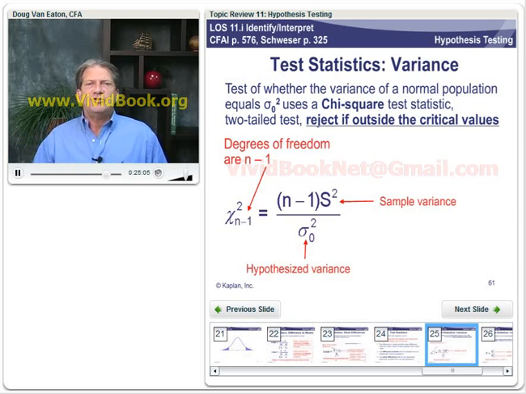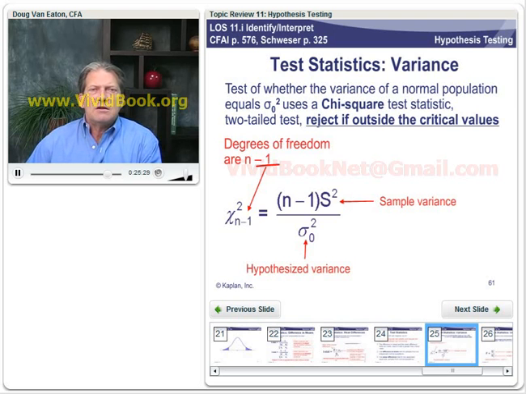This is a two-tailed test because we're testing whether the variance equals, for example, 7. So we're going to reject if the variance is statistically significantly less than 7 or significantly greater than 7. This is a chi-squared test statistic with n minus 1 degrees of freedom.